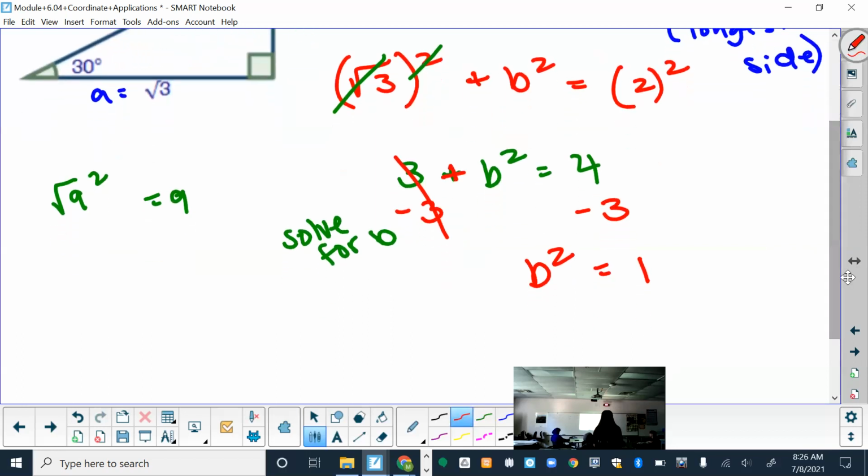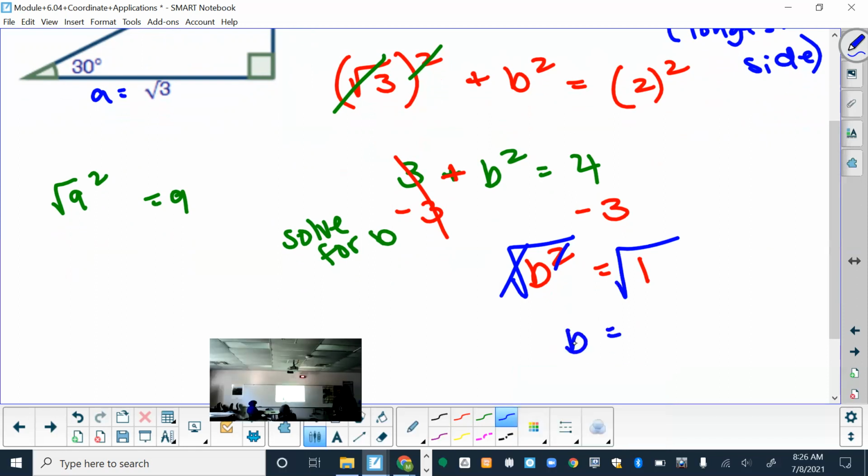Almost there. Now we just have to get rid of that to the power of 2. What's the opposite of raising something to the power of 2? Square root it, that'll cancel this out. And again, what you do on one side, you have to do to the other. What's the square root of 1? 1.